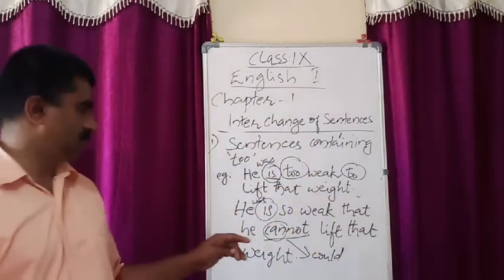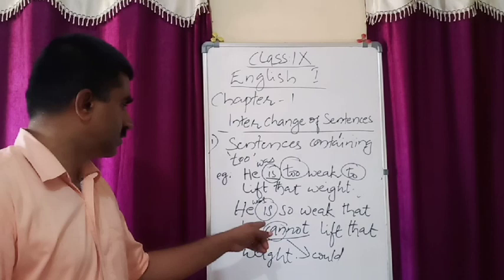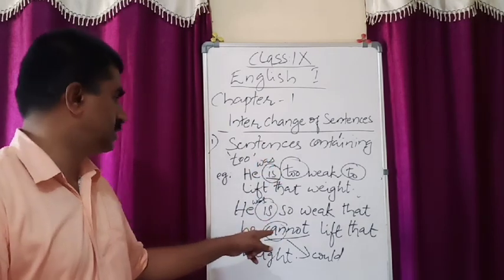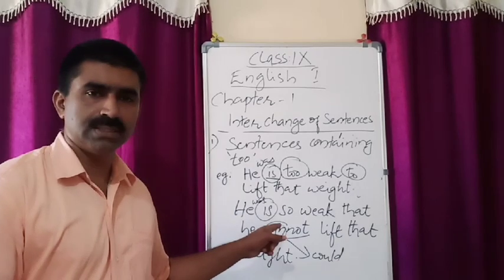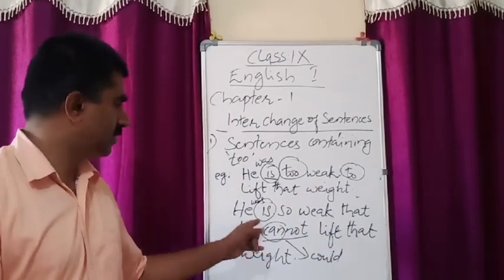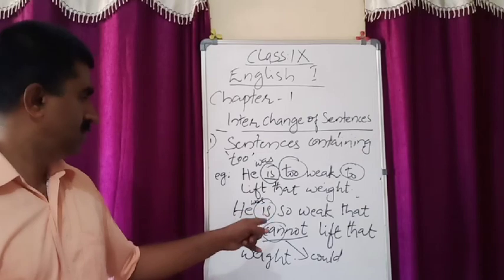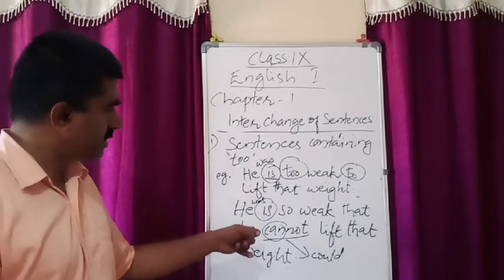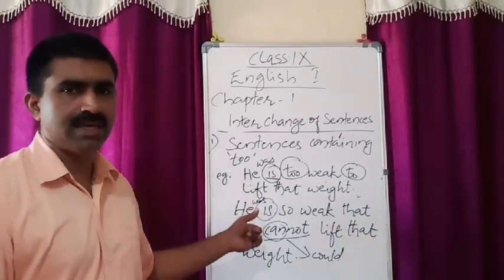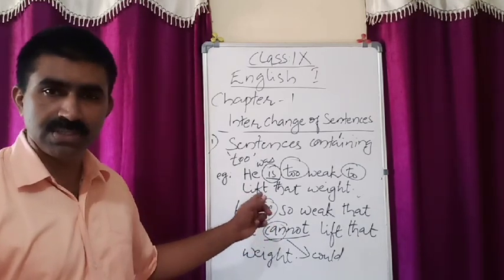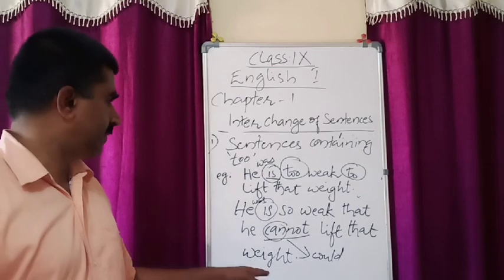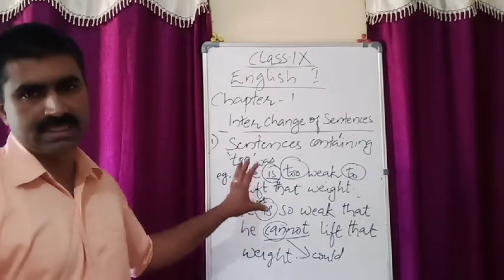Otherwise the sentence will be wrong. So according to the tense we have to change it. If it is present tense, "cannot" should be used. Otherwise, if it is past tense, "was" or "were", then "could not" should be used in place of "cannot". This is the important thing here.